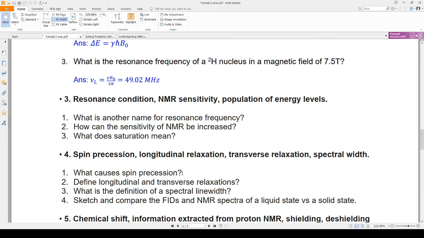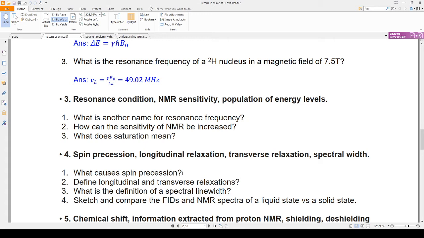It's not like a compass that points along the direction of the magnetic field. It will precess first, and what causes that is the applied magnetic field, which is applied to the nuclear spin, that makes it spin.